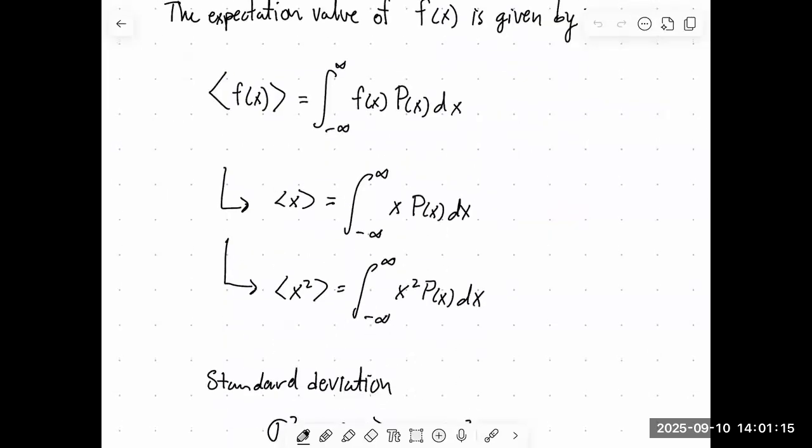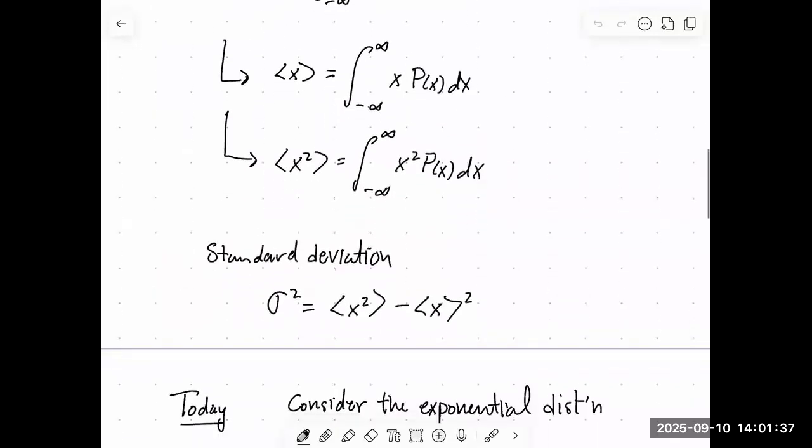So if we take that definition for calculating expectation values of a function of x, we could just set f of x equal to x, and the way we would calculate the expectation value would be to take x times p of x and integrate. Likewise, for x squared, we just put in an x squared there.